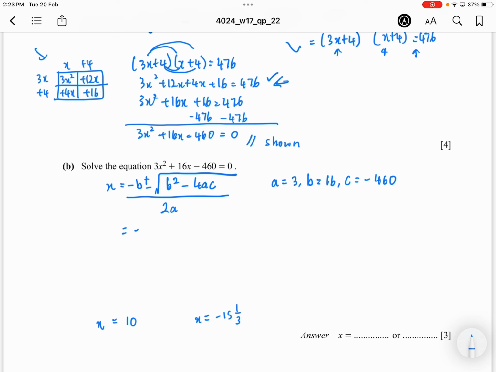It depends. 76. Square root of 576. Because you take the square root of 76 and then divide by 6 straight away, right?